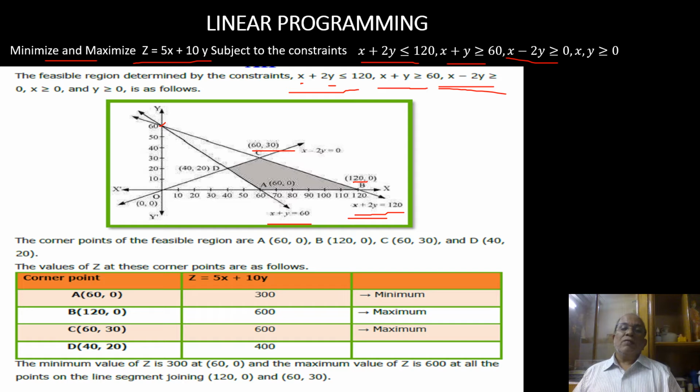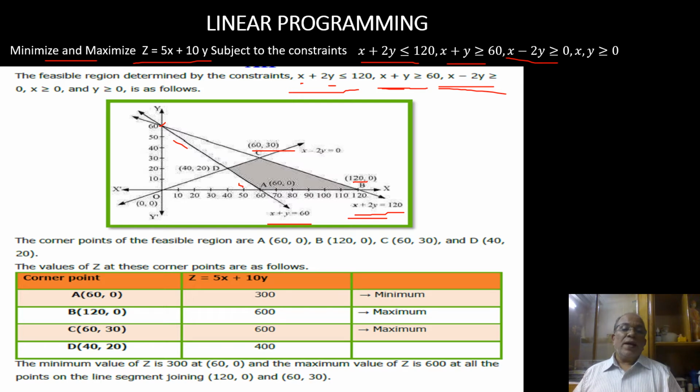Correct? For the second line, x plus y greater than or equal to 60, this is our second line, right? Greater than or equal to 60 means when you put 0, 0 in this, we get 0 greater than 60, which is not true. That means 0, 0 will not be included in the feasible region of this line.